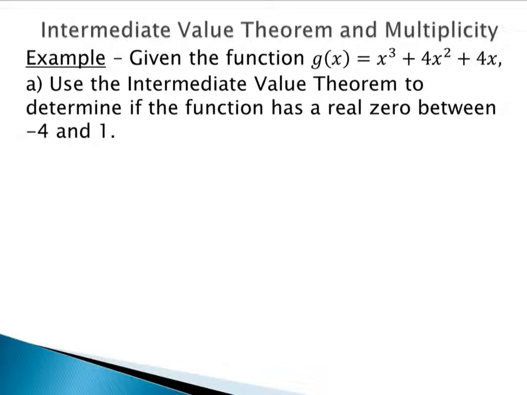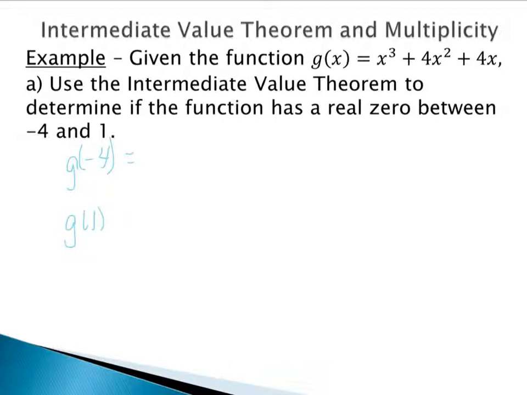Those y coordinates should be opposite signs. If we do, then the intermediate value theorem says that there is a real 0 between -4 and 1. So we're going to need to find g of -4 and g of 1.